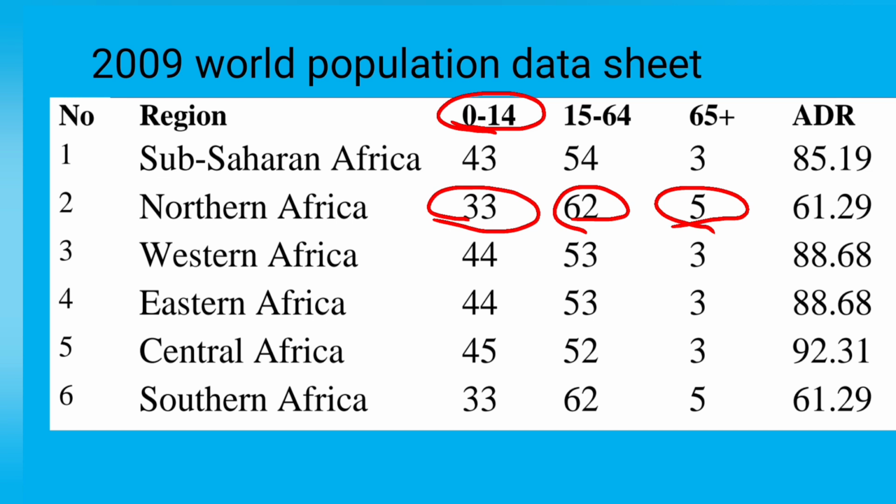The dependent elders are 3%, and the age dependency ratio is 88.7 or 88.68. Eastern Africa has 44% aged 0 to 14 and 53% working force, as well as 3% elders, with an age dependency ratio of 88.7.